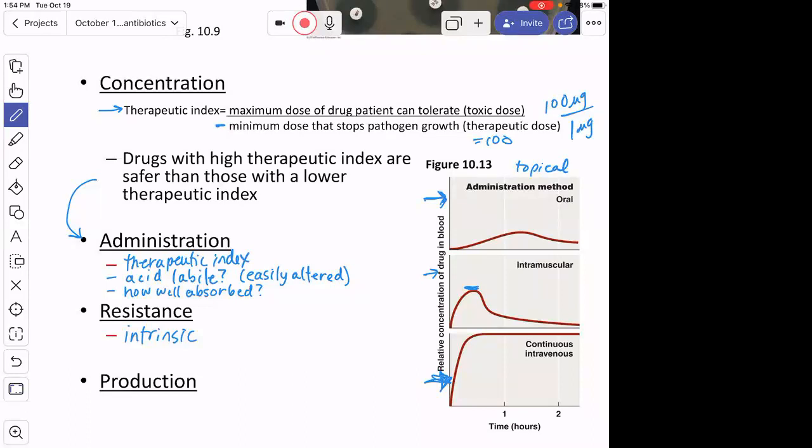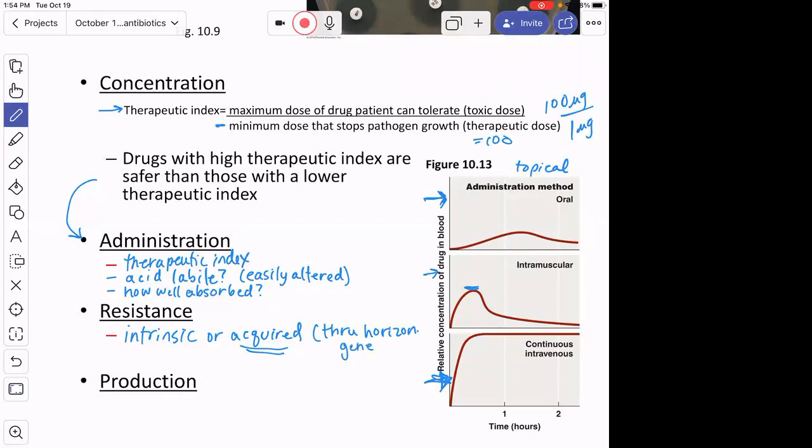Okay, so they have intrinsic resistance, or resistance can be acquired. All right, so how does the organism acquire resistance to live in the presence of penicillin? Most commonly, we think that's through horizontal gene transfer. We'll talk more about that.